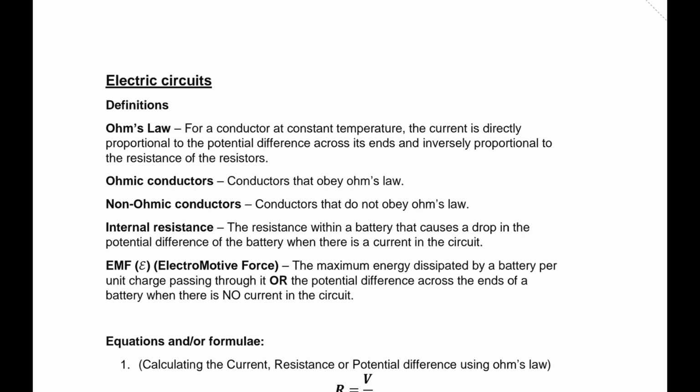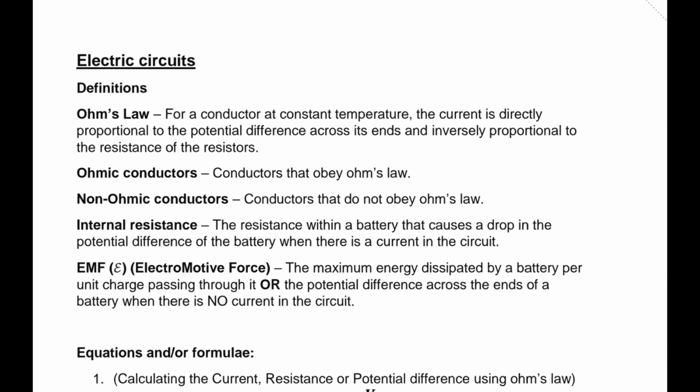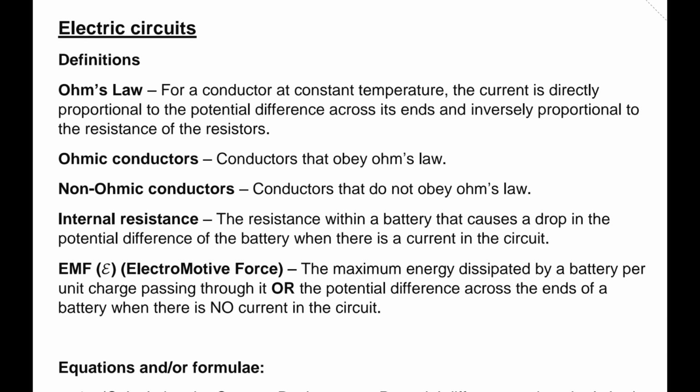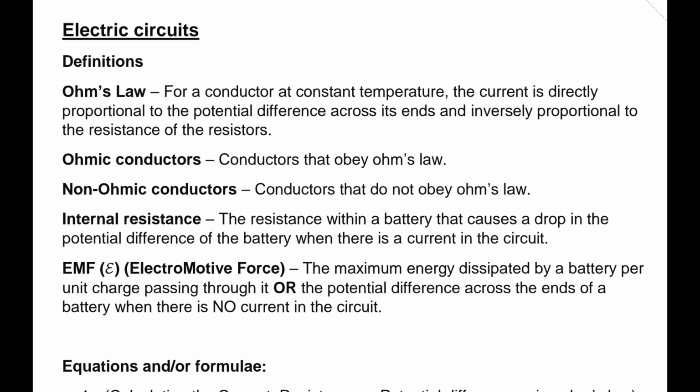What is Ohm's law? As you can see, let me zoom in a little bit. Ohm's law: for a conductor at a constant temperature, the current is directly proportional to the potential difference across its ends and inversely proportional to the resistance of the resistor.